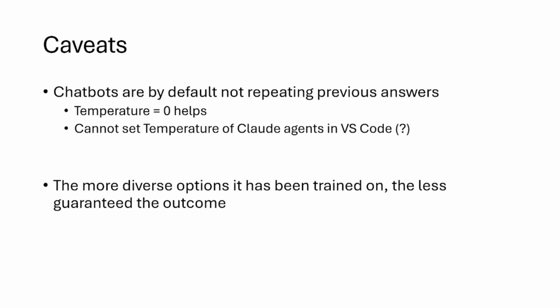but I cannot guarantee it. What I think is true, without proof, is that the more diverse options a language model has been trained on, the less guaranteed the outcome. Now, what do I mean by that?